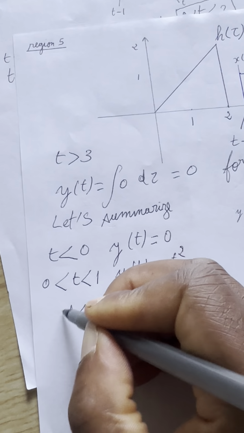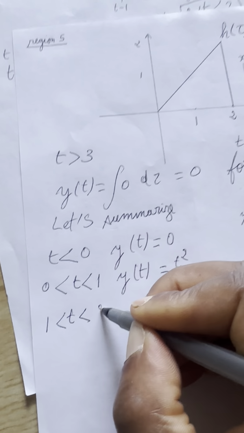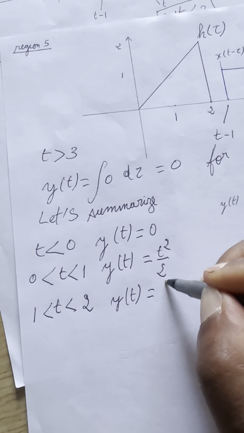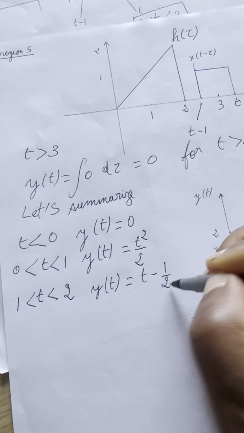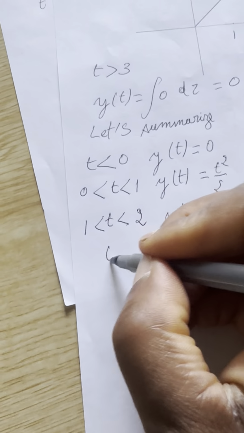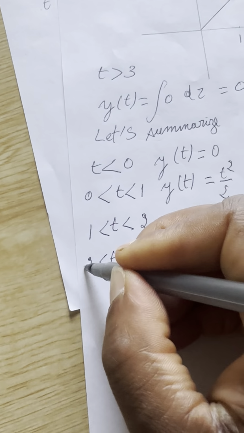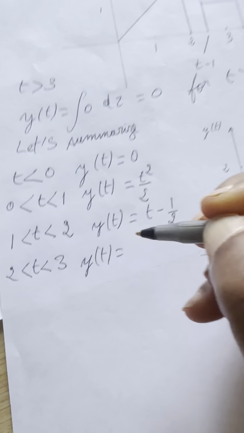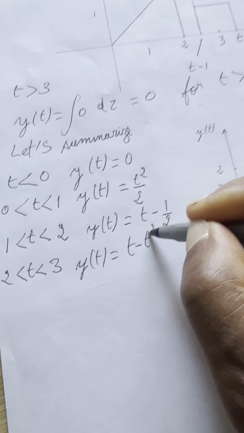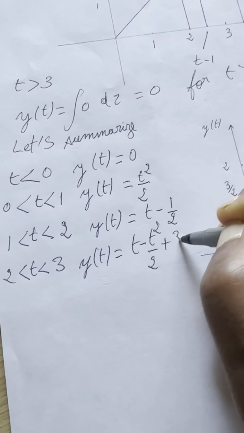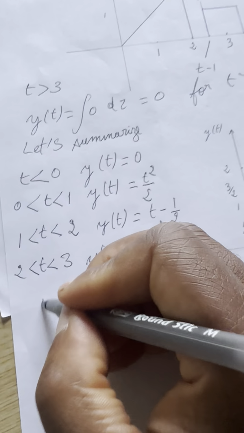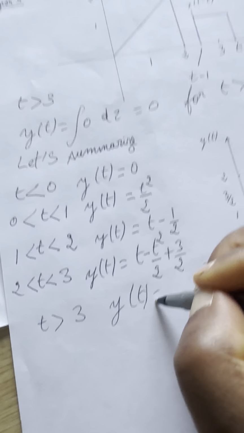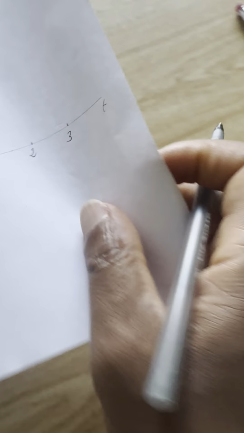For t between 1 and 2, y(t) equals t minus 1 by 2. For t between 2 and 3, y(t) equals t minus t squared by 2 plus 3 by 2. For t greater than 3, y(t) equals 0.